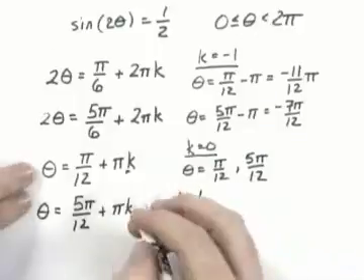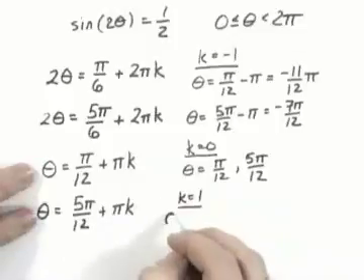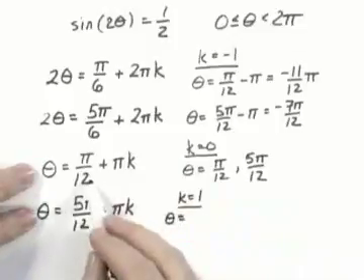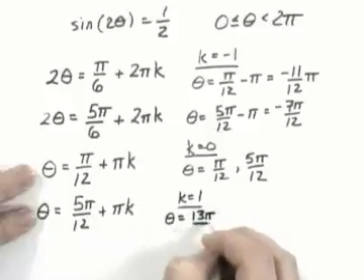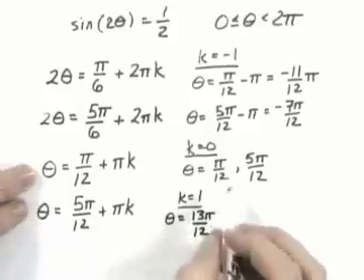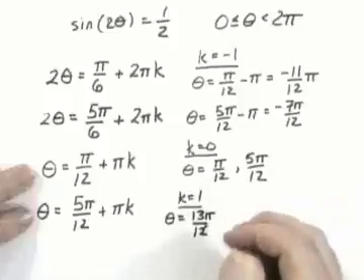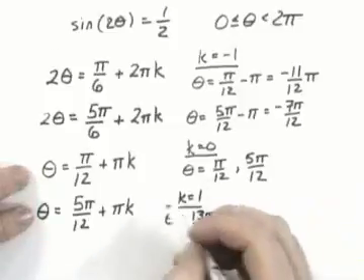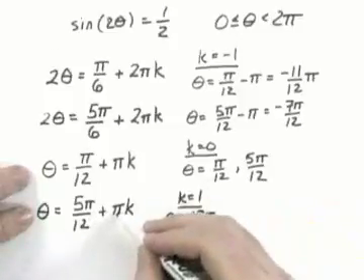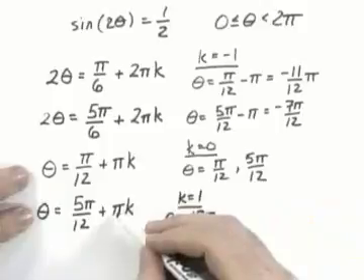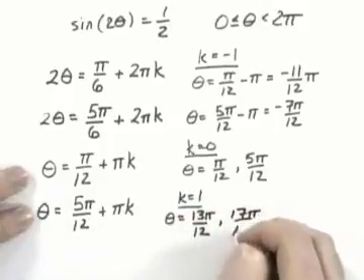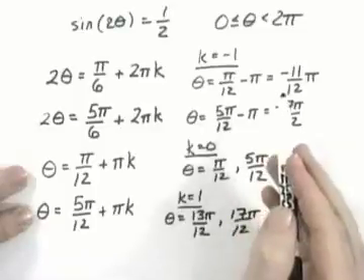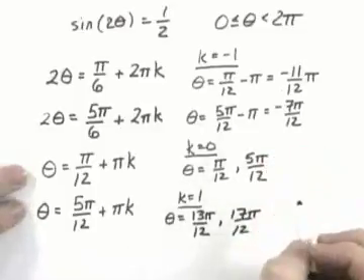For k is 1, I get theta is pi over 12 plus 12 pi over 12, or 13 pi over 12. That's between 0 and 2 pi, so that's going to be a solution. I would also get 5 pi over 12 plus 12 pi over 12 is 17 pi over 12. That's between 0 and 2 pi, so that would be a solution.